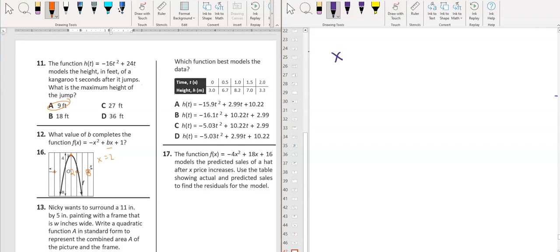I know that x is negative b over 2a, x being the line of symmetry, the axis of symmetry there. So if I know that that axis of symmetry is 2, then I can solve for b by plugging in a, which is negative 1 in this case, because this negative x squared means that that's really negative 1x squared.